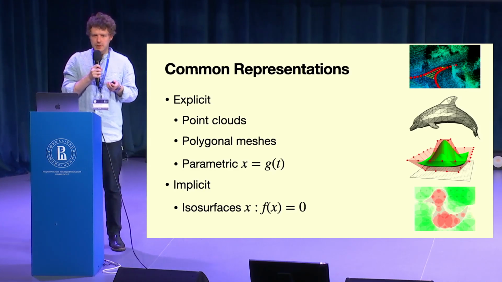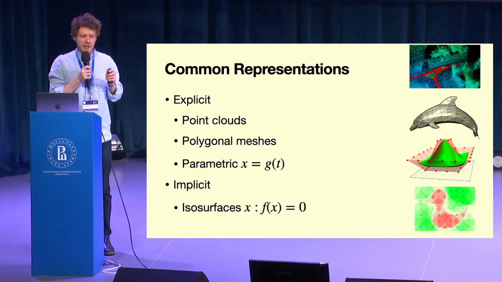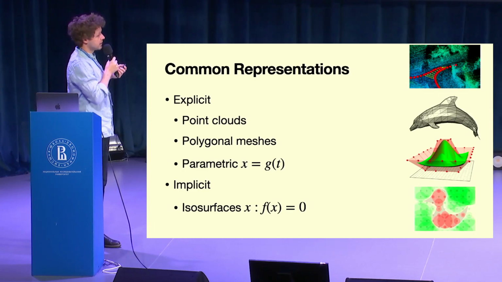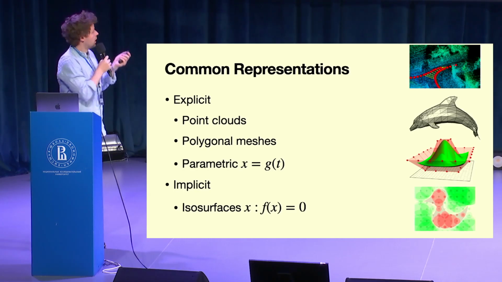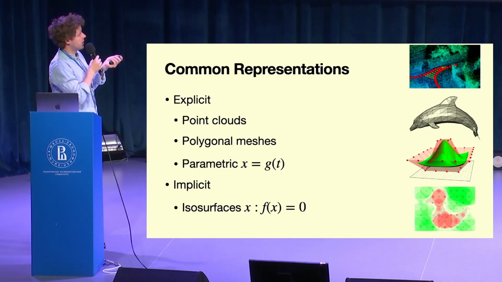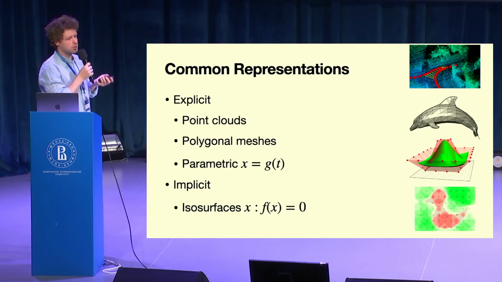Usually data representations are divided into explicit representations and implicit representations. Explicit representations, I guess, are most common these days. These include, for example, point clouds that can arise from depth sensors, for example, in driverless cars or in your phone.